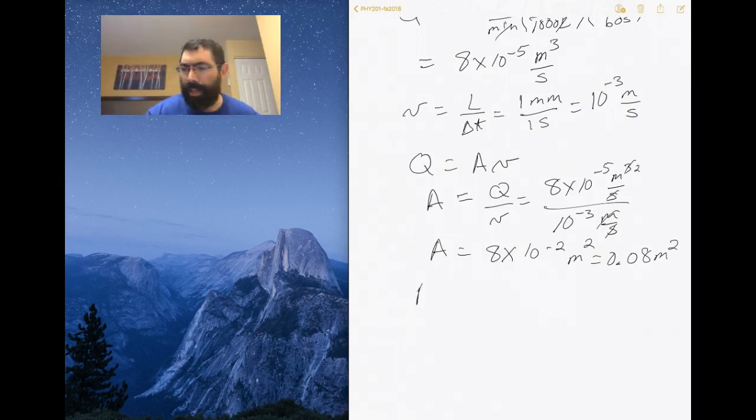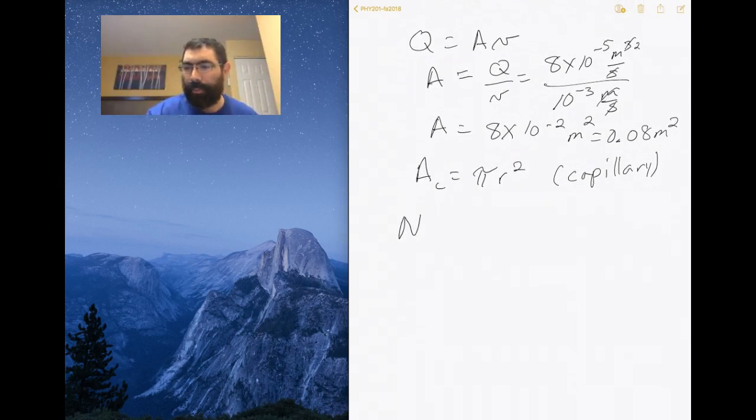Now the area for a capillary is pi times the radius squared. So that's our capillary. Therefore, to get the total number of capillaries, part A, we just take the total area and divide it by the area of a single capillary.